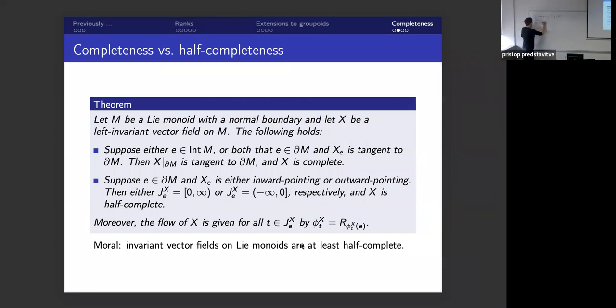At best, it's going to only contain a small half-closed interval.